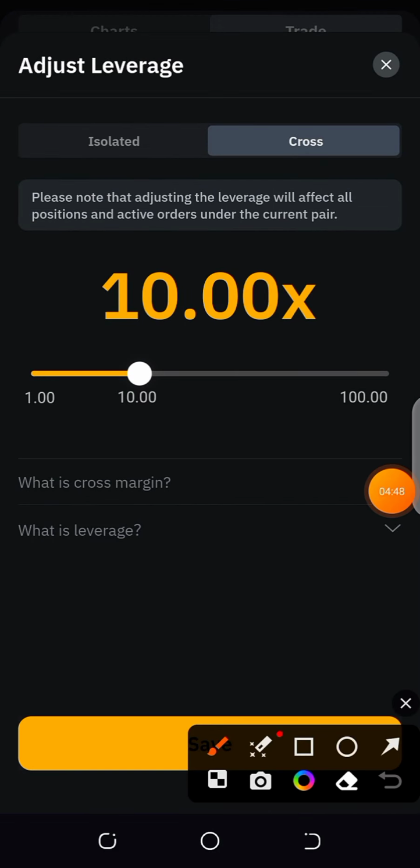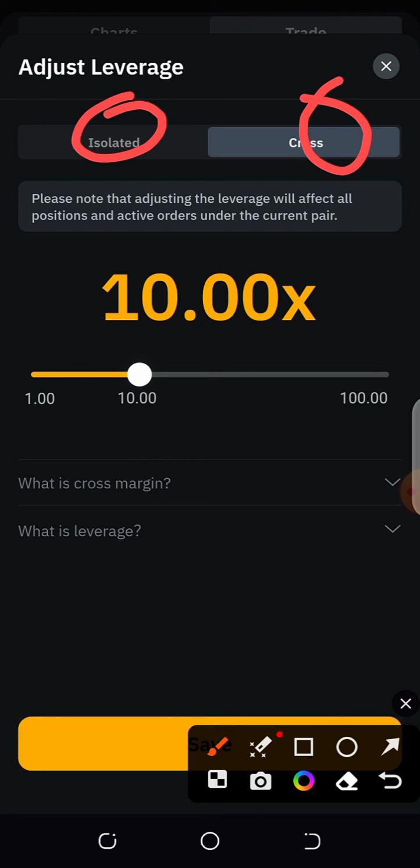You see where it says isolated and cross, just like I explained before, but let me explain it again. When you choose the isolated option, you are simply saying that you can't use all your money in one trade. Like if you have $100, you can use what is known as risk management or portfolio management. You may decide to use 10% of your money to trade. Let's say 10% of $100 is $10.